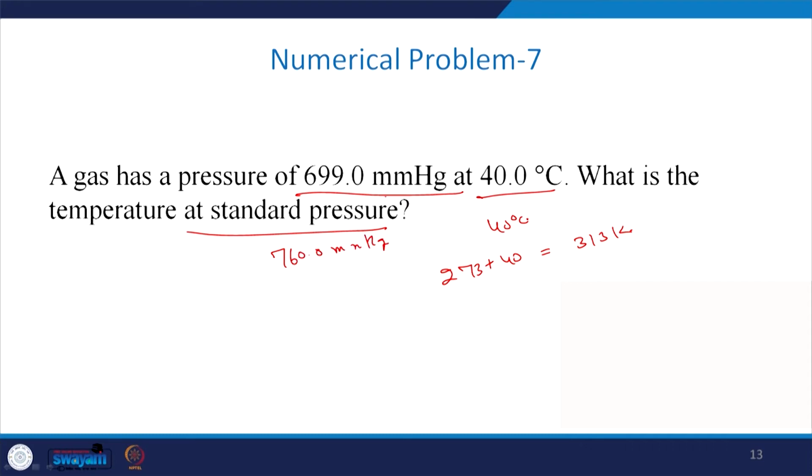So, let us solve this small problem. We can write that 699.0 mm Hg over 313 Kelvin is 760.0 mm Hg, that is standard pressure, over, let us say that X is the desired temperature.